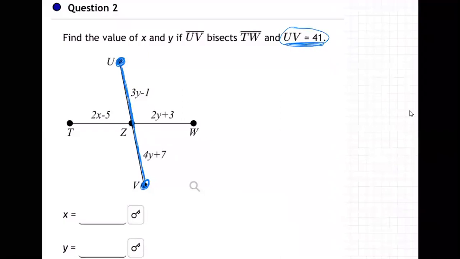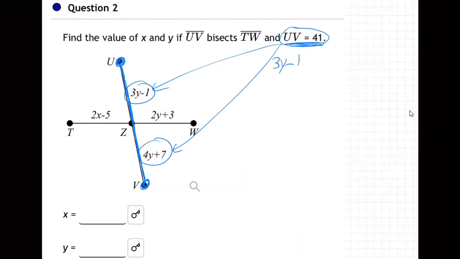is 41. So that's going to be this plus this together, isn't it? Is that making sense? So that means 3y minus 1, add 4y plus 7 equals 41.